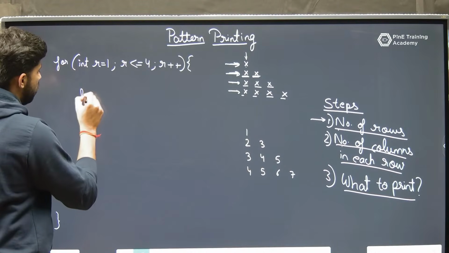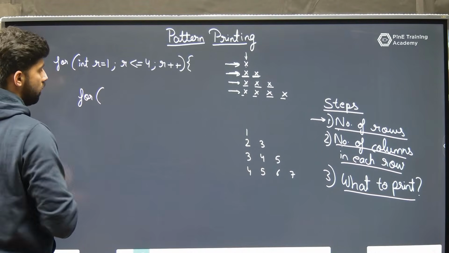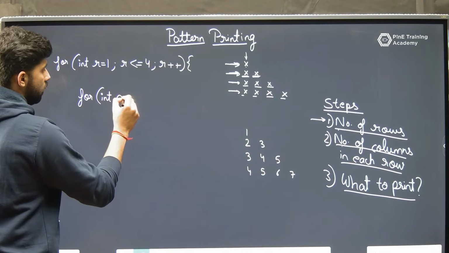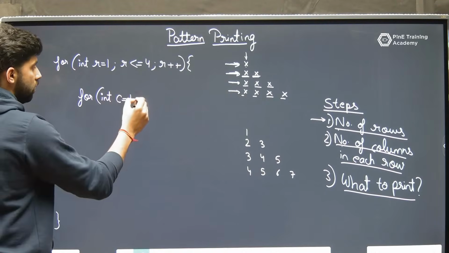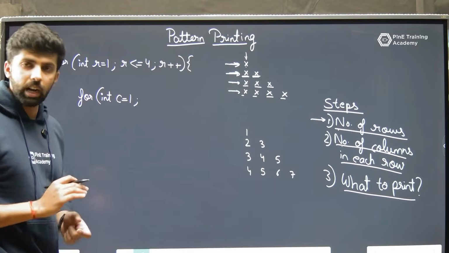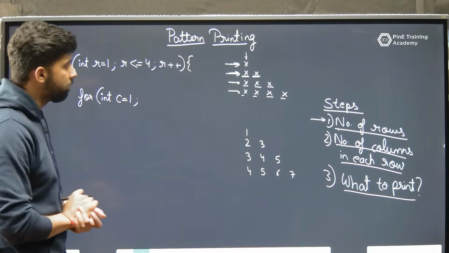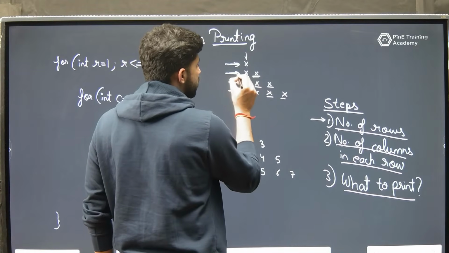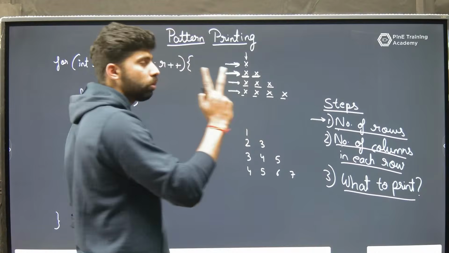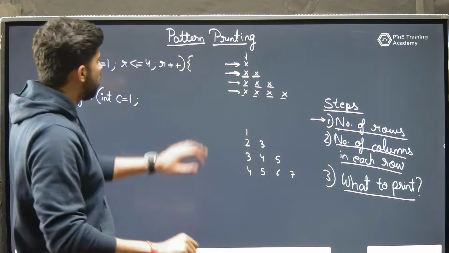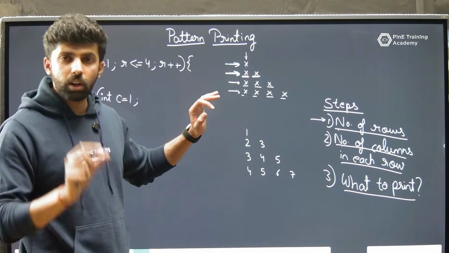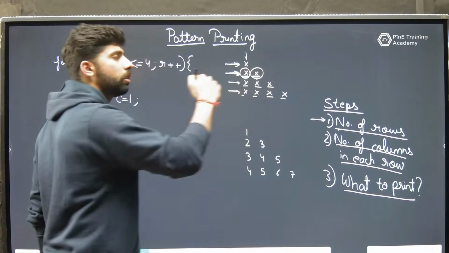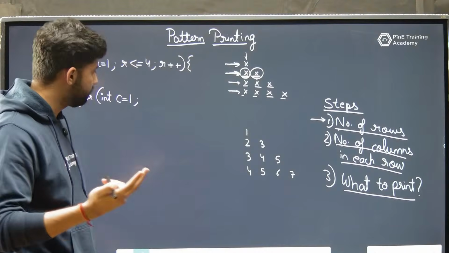I am starting with 1. Okay, let's see. This second row has 2 columns. That means for row number 2, the column loop should run 2 times, 1 and 2. It should run 2 times.